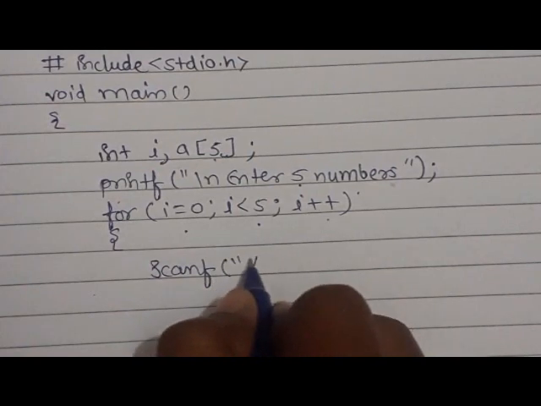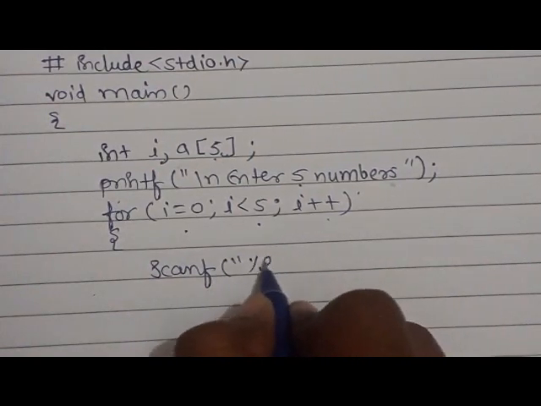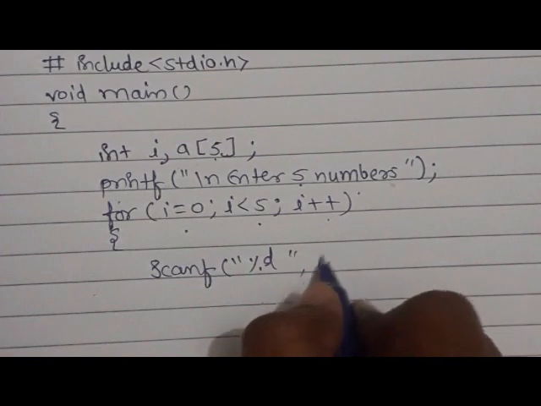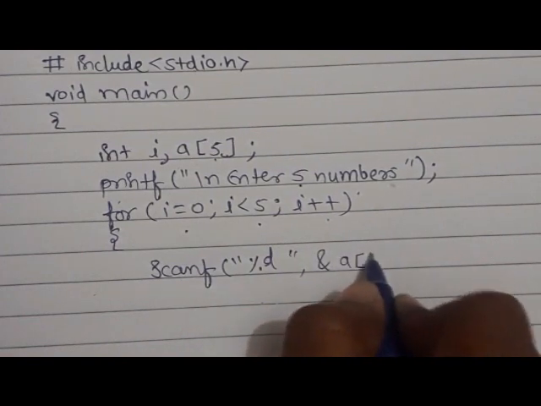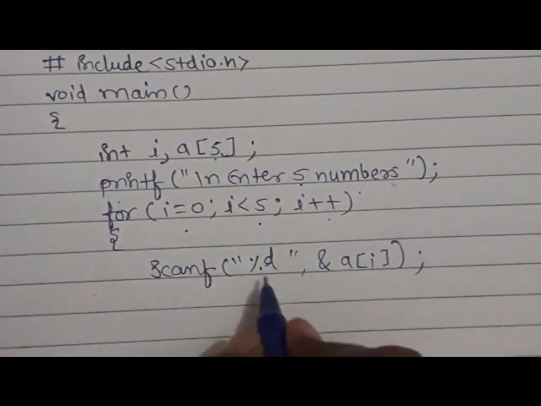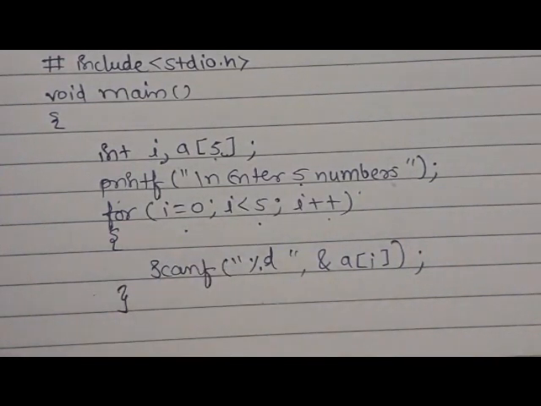Now the scanf function will be %d, ampersand a of I, and then it will close this for loop.